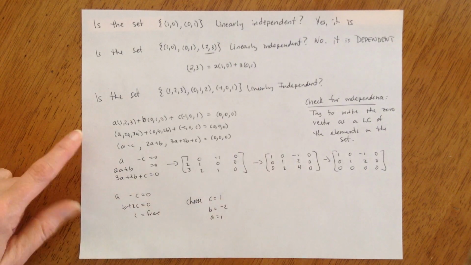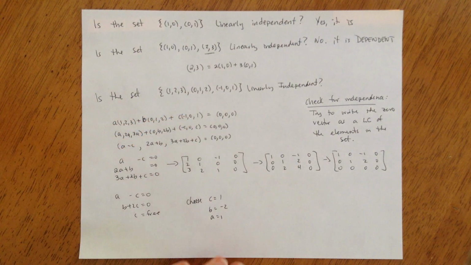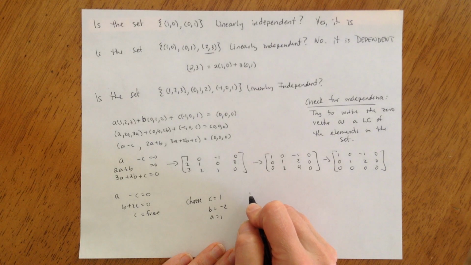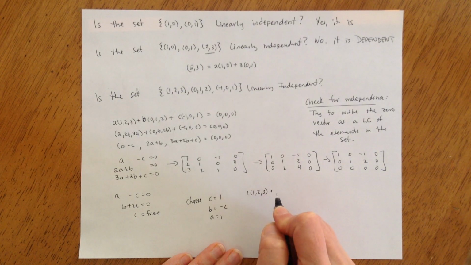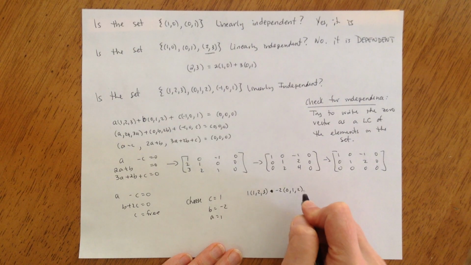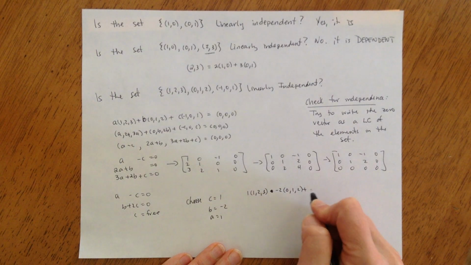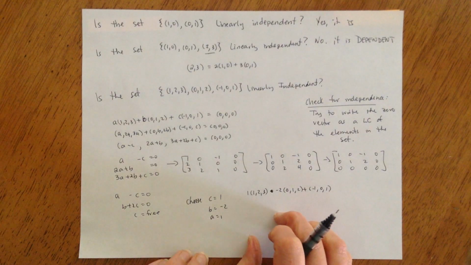So theoretically, if I plug in A equals 1, B equals negative 2, C equals 1 here, let me do that. 1 times 1, 2, 3, plus negative 2 times 0, 1, 2, plus negative 1, 0, 1. And see what we get.